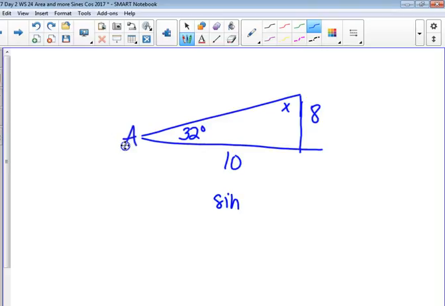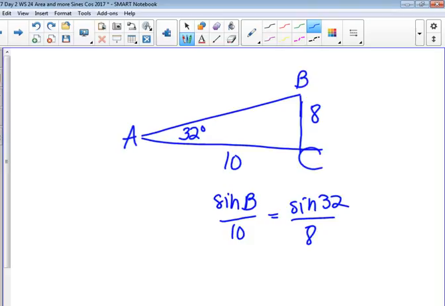Let me call this ABC so we get a little less confused here. So you'd have the sine of B is across from 10 in the same way the sine of 32 is across from 8. Can you guys help me real quick and see if this has two solutions? I got 41.4.